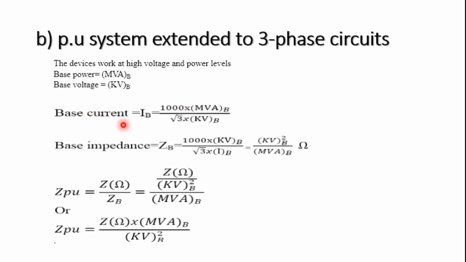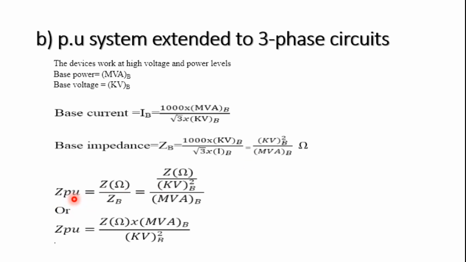Then the current is: the 1000 is for 10 to the power of 3, so MVA divided by root 3 is for the line voltage. So 1000 into MVA base divided by root 3 kV base. Already we know the impedance is 1000 into kV base divided by root 3, because this is also line, so you get kV base square divided by MVA base.